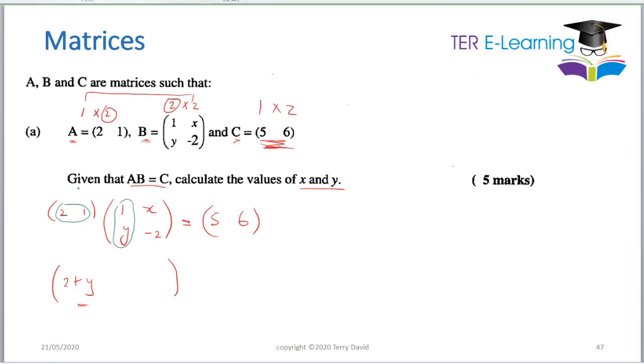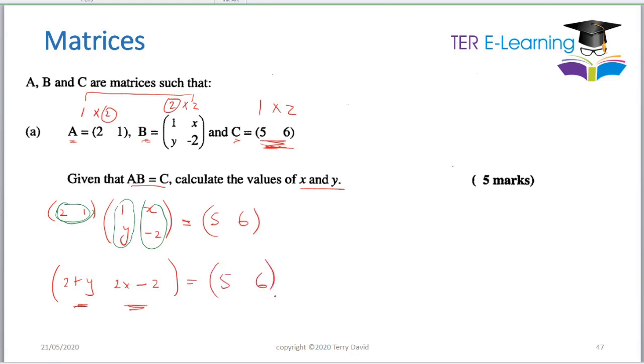Then we're going to take this same row and multiply by this column to get the next number. So 2 multiplied by x gives me 2x, and then 1 by minus 2 gives me minus 2. So this is one variable, and this is the next variable, and that is equal to 5, 6.